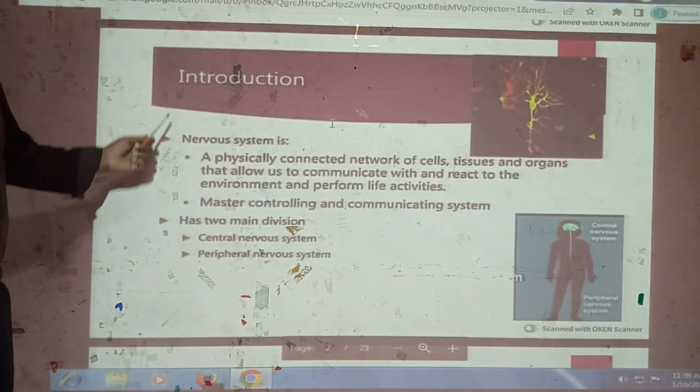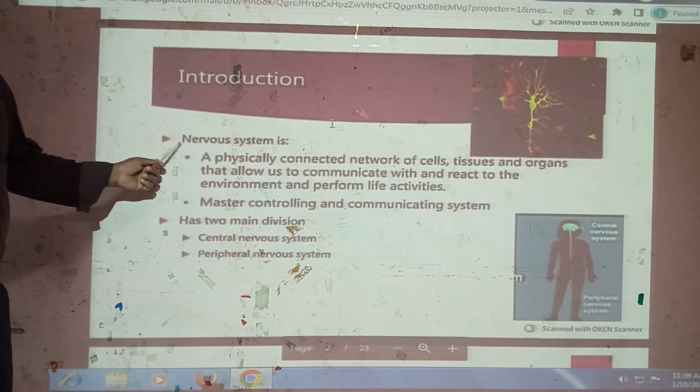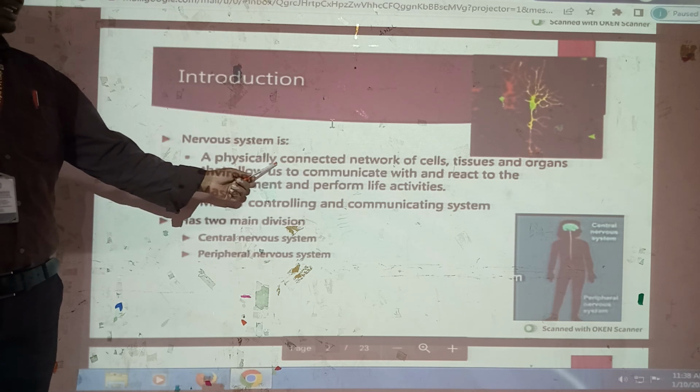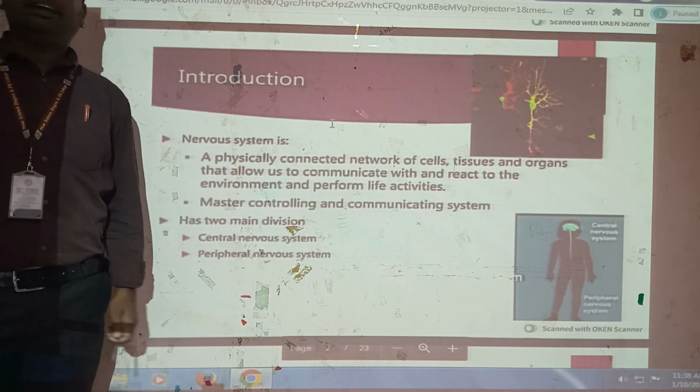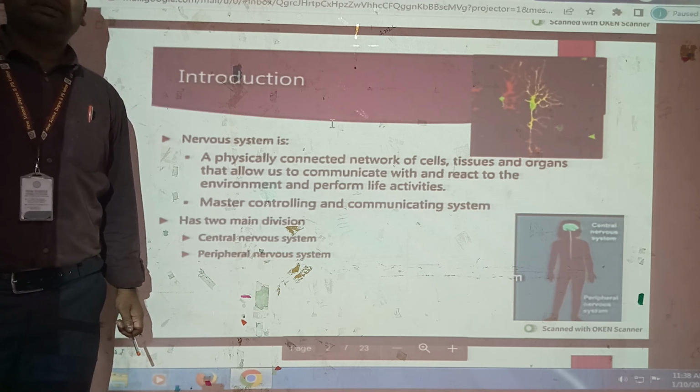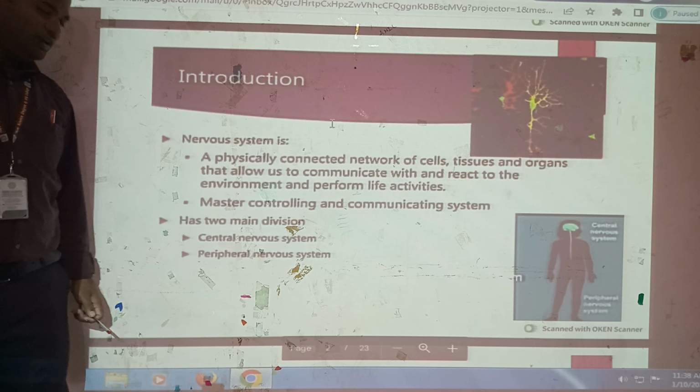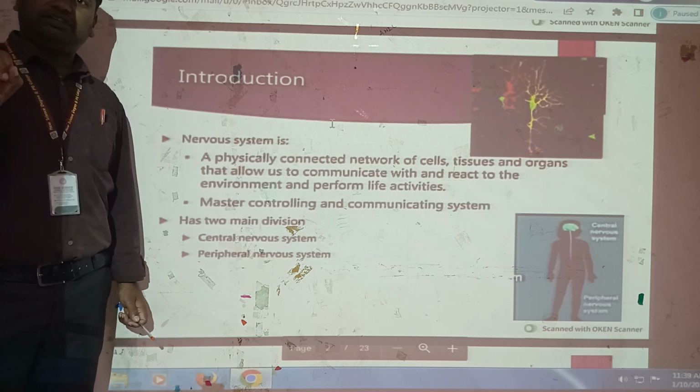Introduction: the nervous system is a physically connected network of cells, tissues and organs. The human body has four tissues: epithelial tissue, connective tissue, muscle tissue, and nerve tissue.